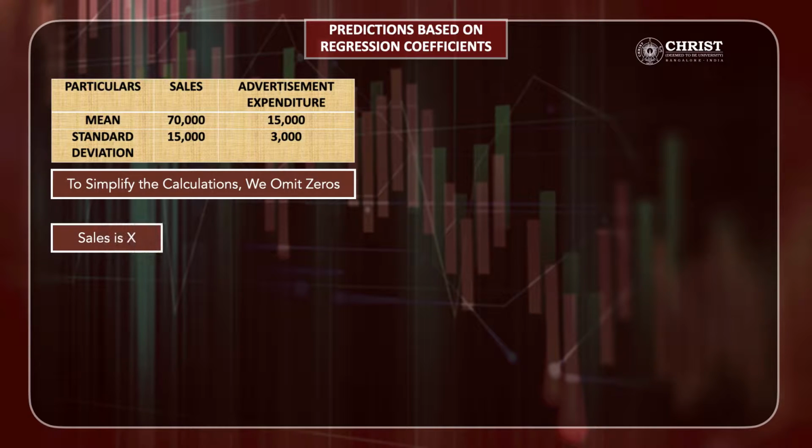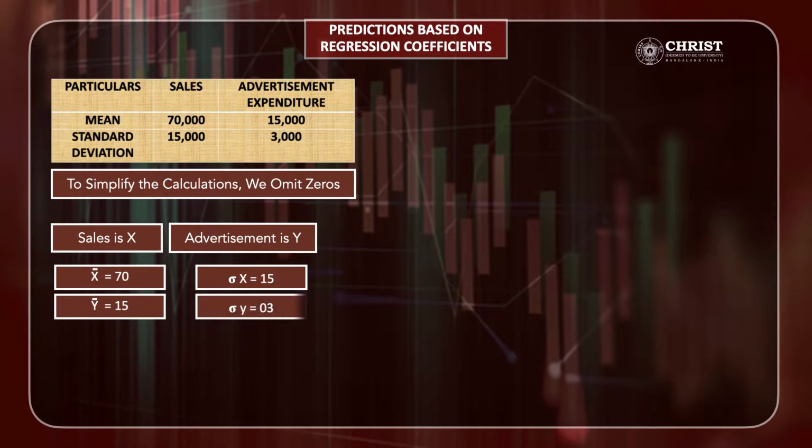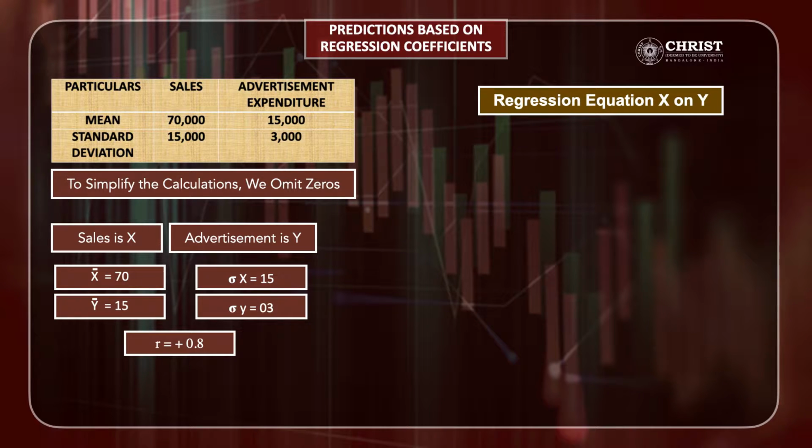Sales is taken as the x variable, and advertisement as the y variable. So x bar is 70, y bar is 15, sigma x, the standard deviation of the x series, is 15, sigma y, the standard deviation of the y series, is 3, and the correlation coefficient is plus 0.8. Now regression equation x on y: x minus x bar equals r into sigma x divided by sigma y into y minus y bar.